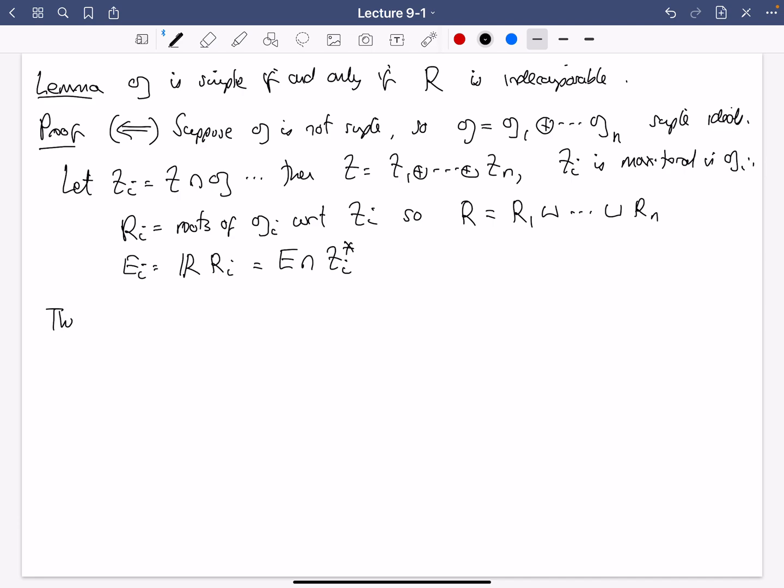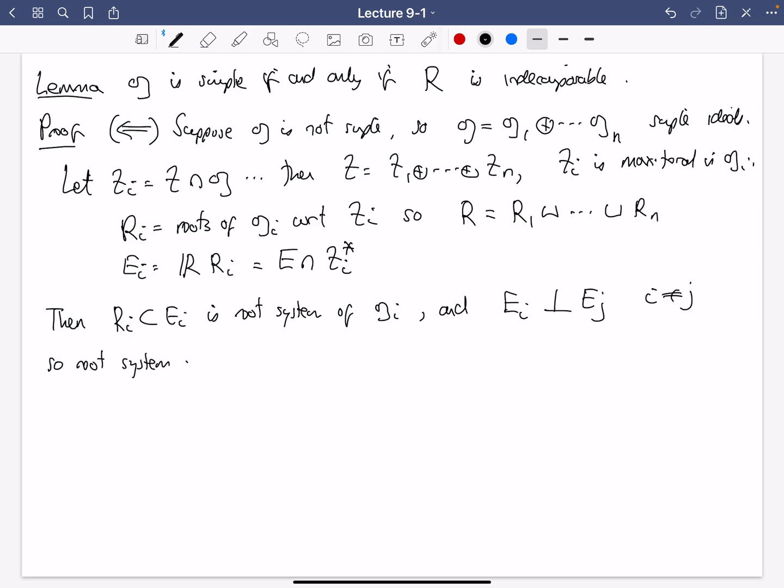And then what you've got is that Ri sitting inside Ei is the root system of Gi, and Ei is orthogonal to Ej for i not equal to j. That's by definition of the Killing form. So the root system is decomposable. Okay, so that's just totally routine, plugging away at the definitions.